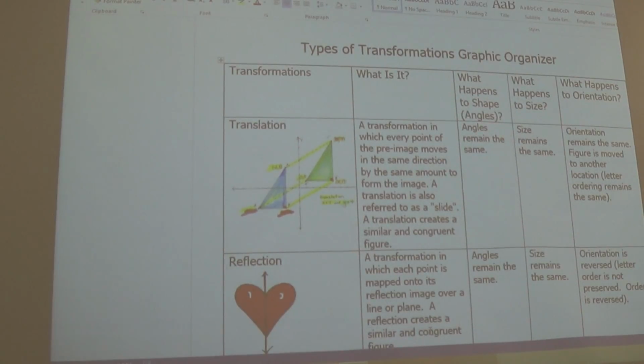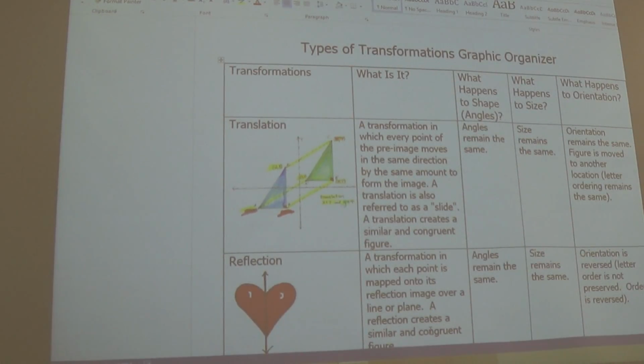A translation is when every point of the preimage moves in the same direction by the same amount to form an image. A translation is also referred to as a slide, and we almost always refer to it as a slide. A translation creates a similar and congruent figure.